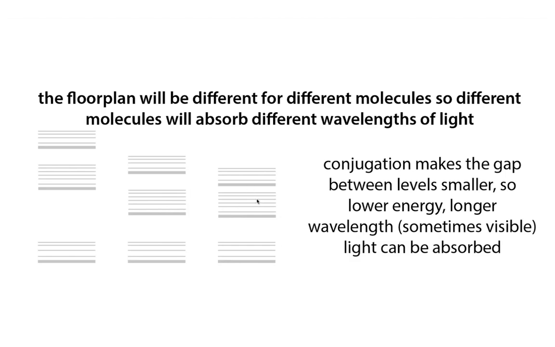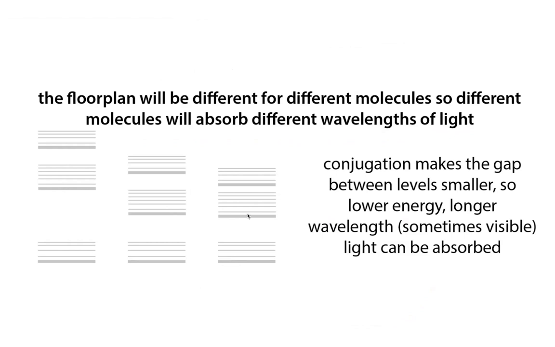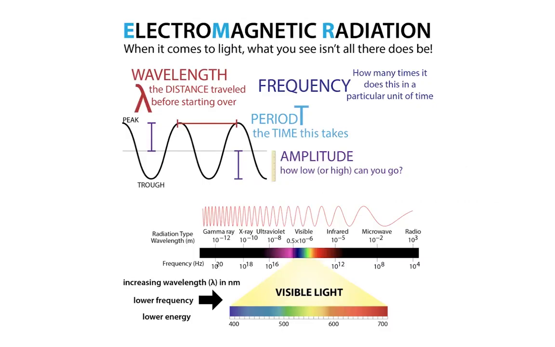If you have conjugation, or resonance, when those connected atoms are sharing the electrons communally, this makes those energy levels close together. And when those energy levels are close together, you don't need as much energy to jump to the next level. Light with a low energy has a lower frequency and a longer wavelength.